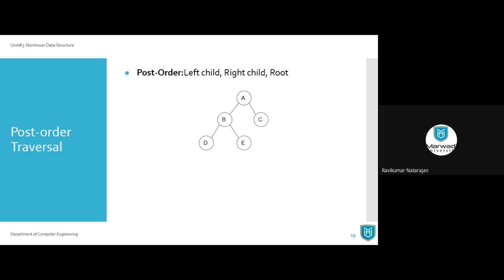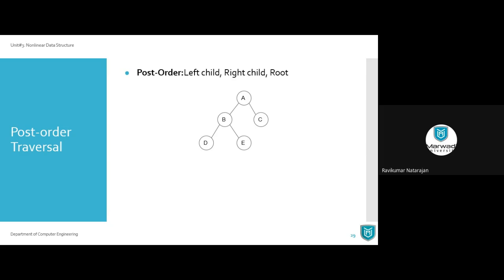After D, what should come? E, because left, right, and root. Okay. Then after B, why? Because there is no further left child, so I'll go to right. Then finally I have to visit the top root, so A comes last. Okay.